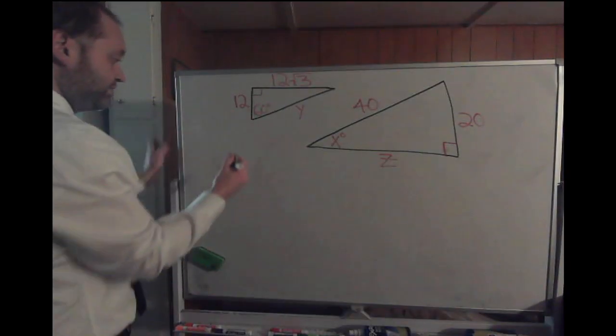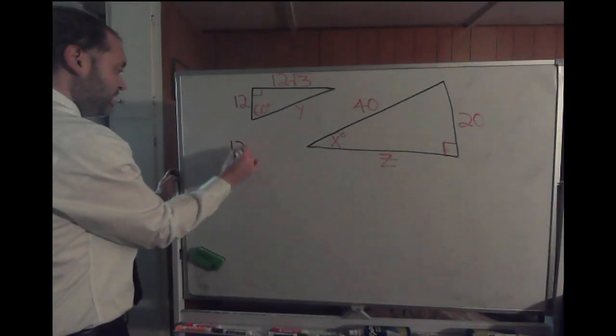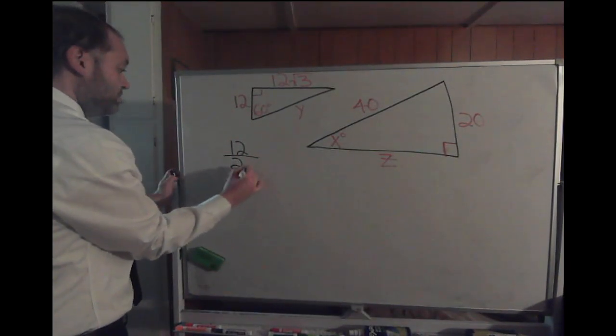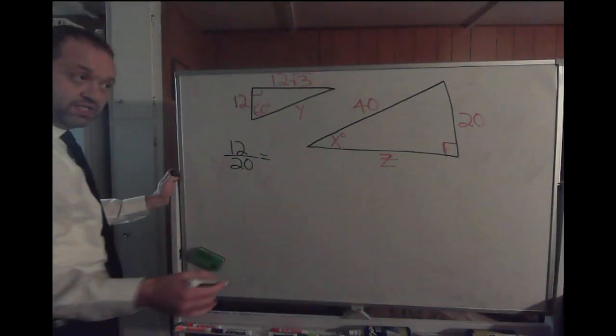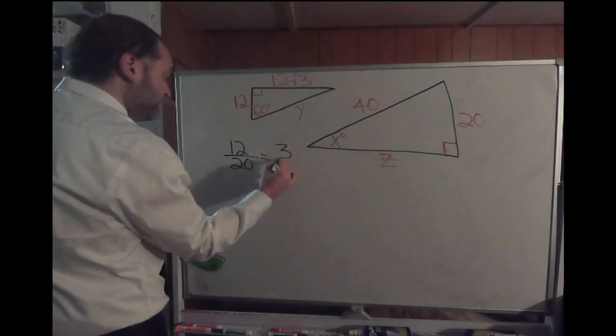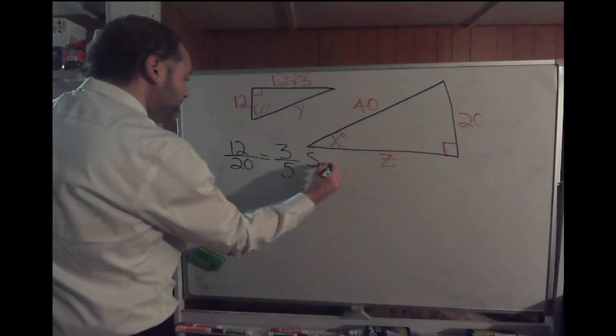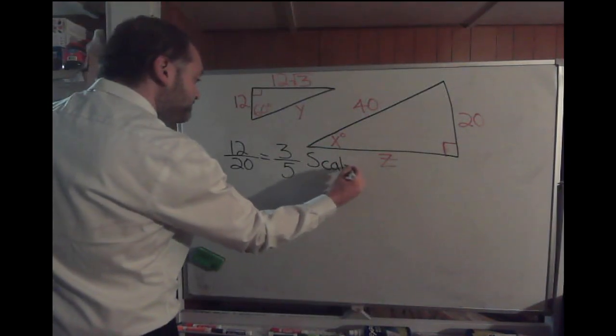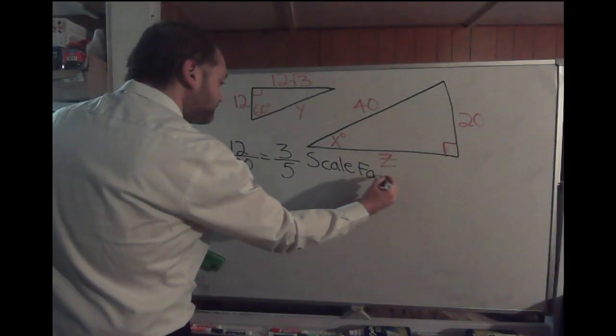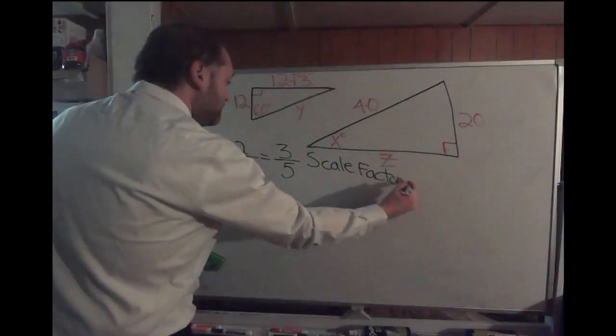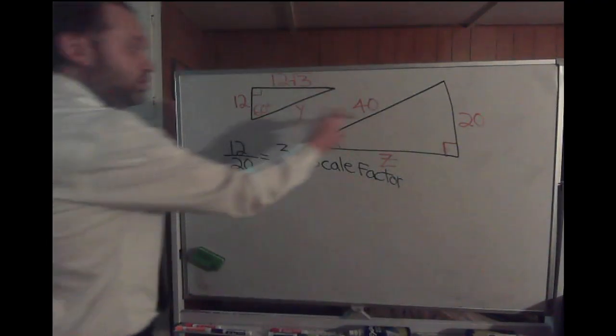So we'll take the left one, the 12, to the 20. 12 to 20 reduces down to 3 to 5. So your scale factor is going to be 3 to 5 between the left triangle and the right triangle.